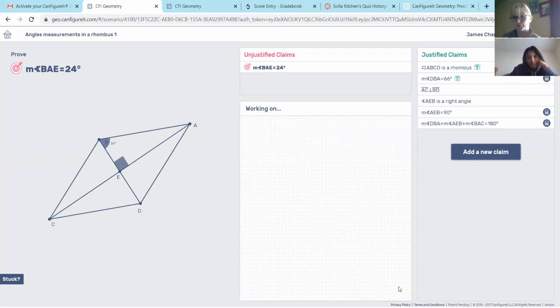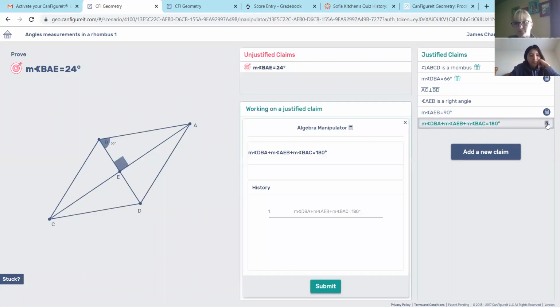So we're close. I know this one seems like it's taking forever, but we're close. We know that all 3 of these angles add up to 180, and we already know the other 2 measurements, over here in our justified claims. We just need to make it show that this one has to be 24. So I'm going to use the algebra manipulator by clicking on the calculator.